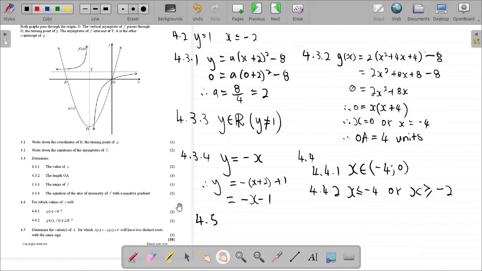If we say -8, it will come to the x-axis here. So the k has to be between -8 and 0, like that, because -8 will bring it down.